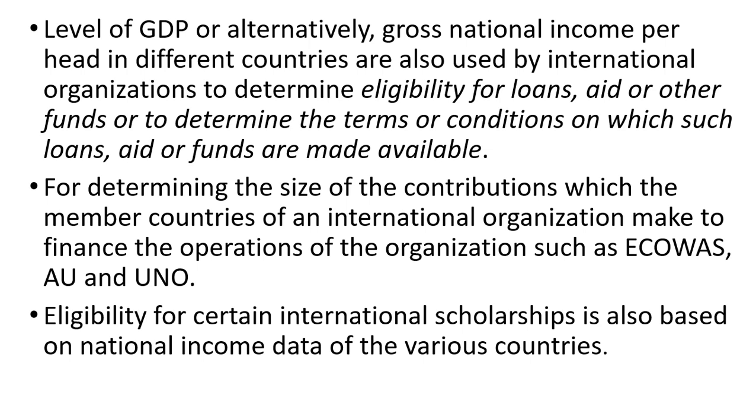But the question is, how do you determine how much each country should contribute? You cannot say that each country should contribute equally because all countries do not have the same level of income. Your citizens across these countries don't have the same level of income. So you can use the national income statistics to determine how much a country should contribute to such an organization.